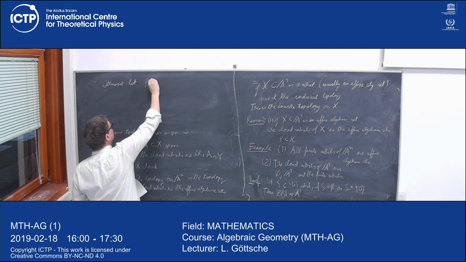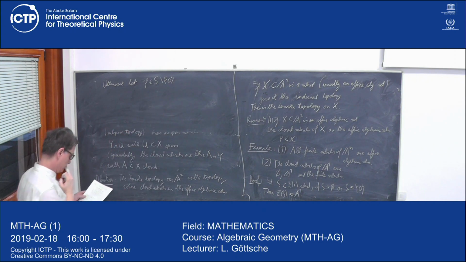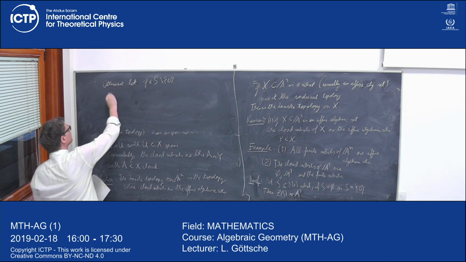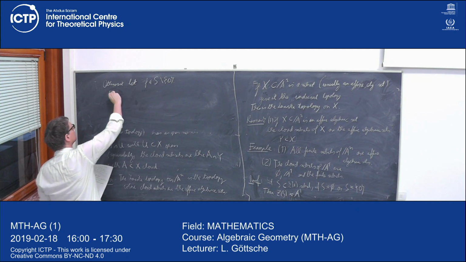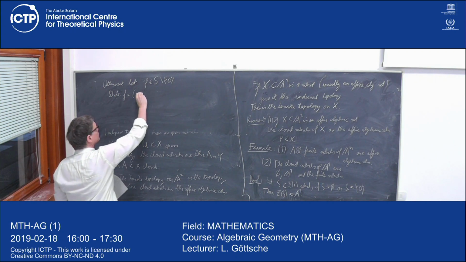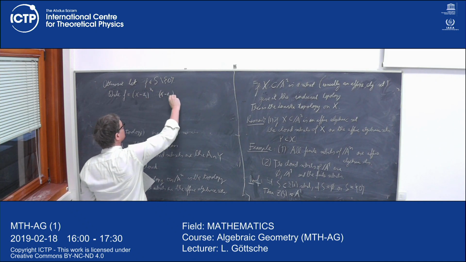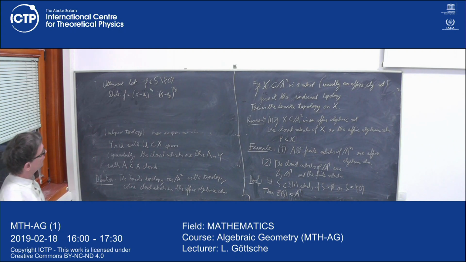Otherwise, let F be an element of X. One doesn't really need this, but for convenience we are over an algebraically closed field. So if we take the zero set of F, we can write F as a product, (X minus A1) to the N1 times through (X minus AL) to the NL, splitting it into linear factors because we're over an algebraically closed field.